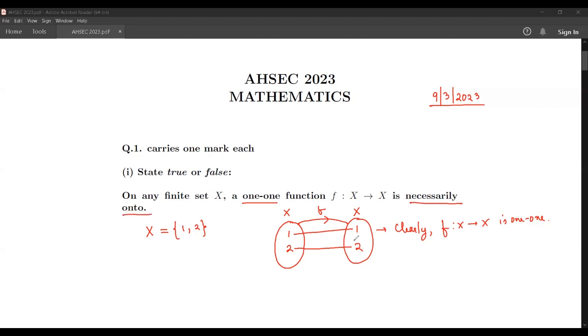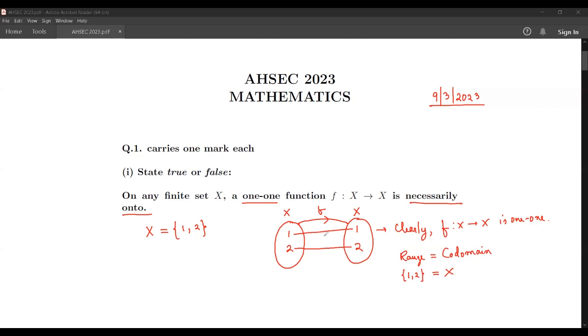Now if you remember the definition of an onto function, it says that the range of this function must be exactly equal to the codomain. Now if you look at my example, here the range is 1 and 2, which is exactly the same as my codomain, and my codomain is just my X.